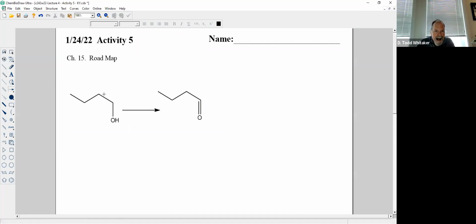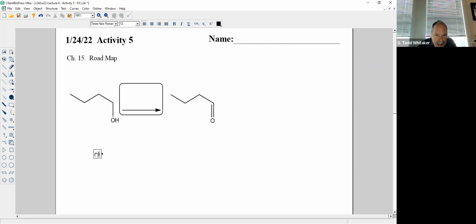We need a reagent box. Nice box. If you don't want to write everything down, you can just copy boxes and I'll label them so you know it's got a letter in it. You need to copy the box.